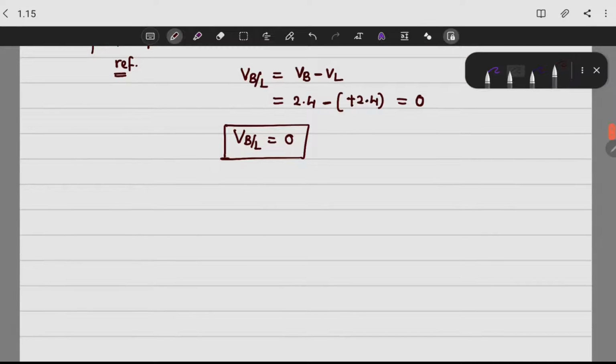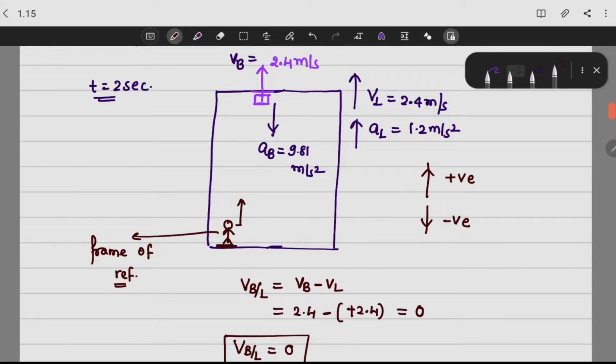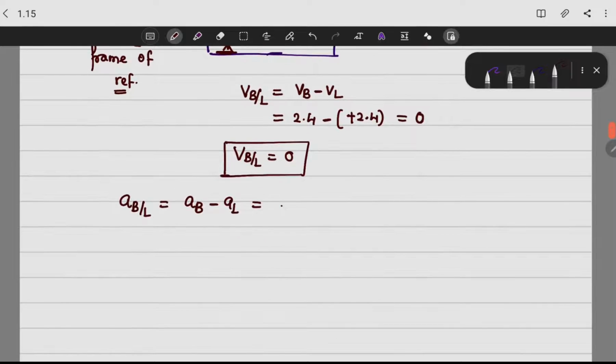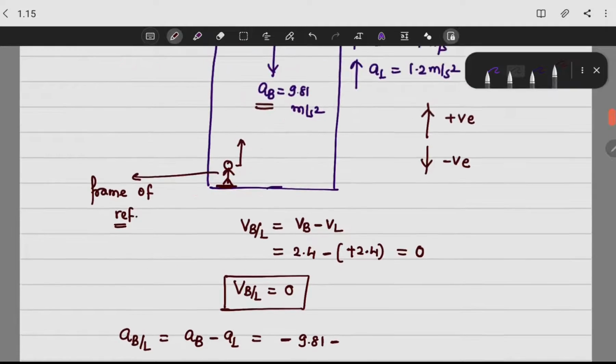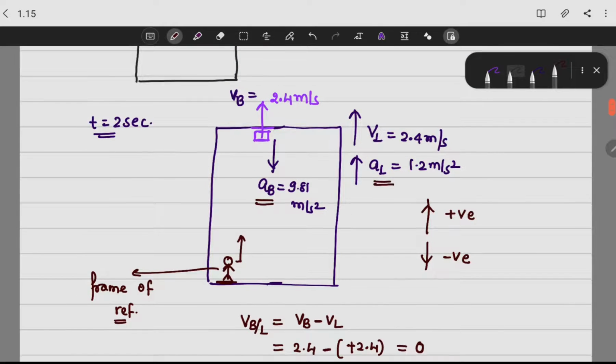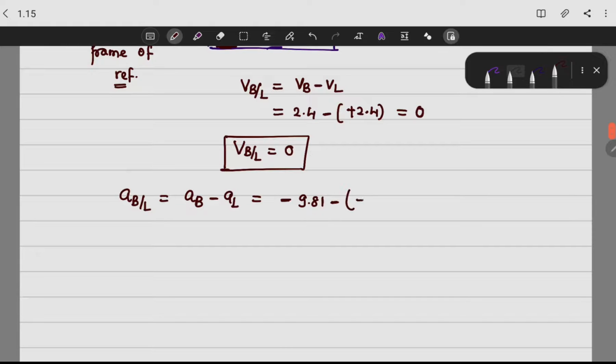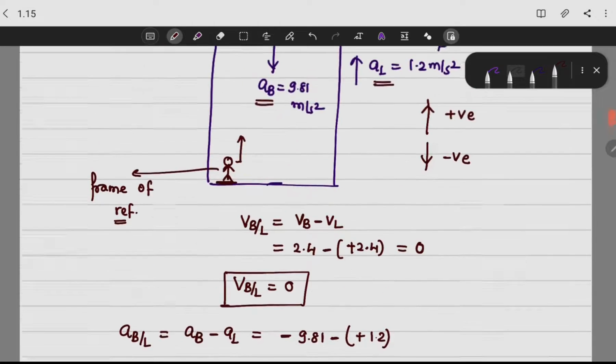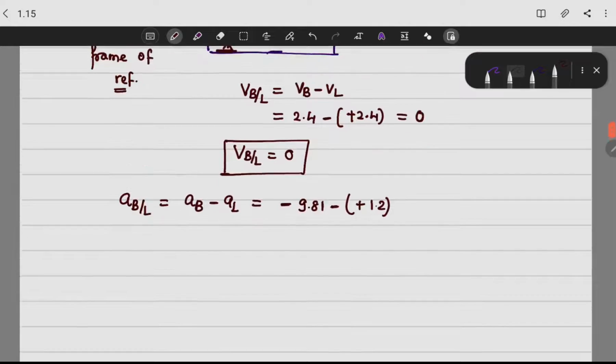Then if we find the acceleration of the bolt with respect to the lift, that is acceleration of bolt minus acceleration of lift. The acceleration of the bolt is 9.81 in the downward direction, so we write negative 9.81 minus the acceleration of the lift, which is plus 1.2 because it is moving in the upward direction.